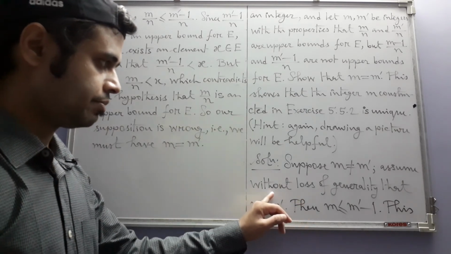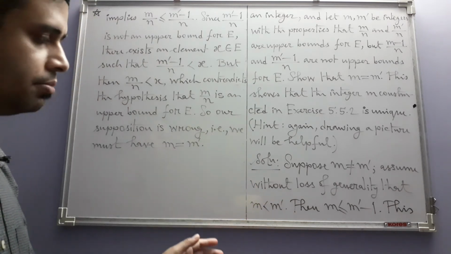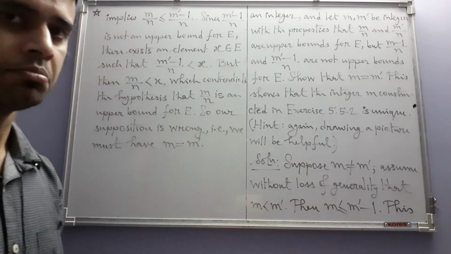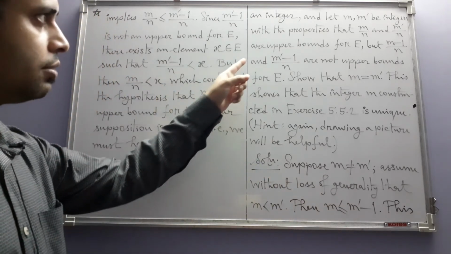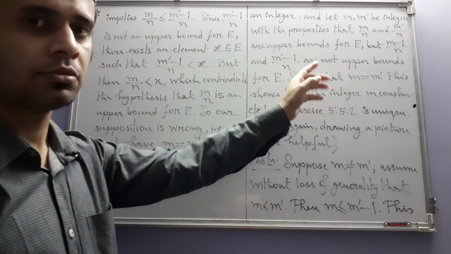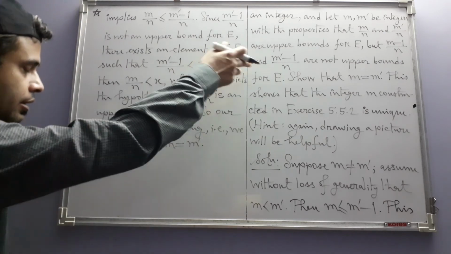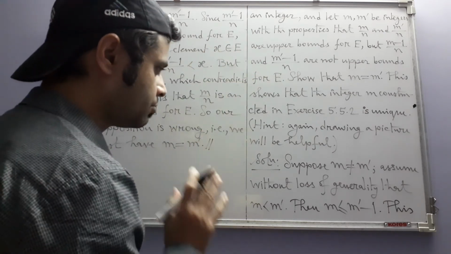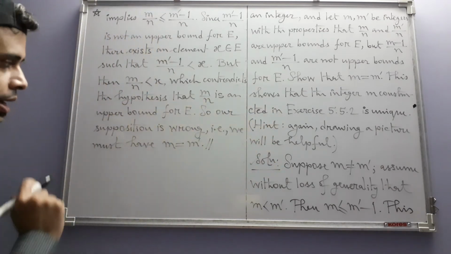Instead of assuming m less than m prime, if you assume m prime less than m, you just have to switch the roles of m and m prime in these arguments, that's all, and you have all the things necessary to carry out that version also in the hypothesis. So this completes the solution and proves that the m we had in the previous exercise is actually unique.